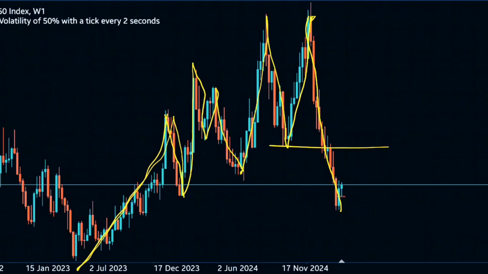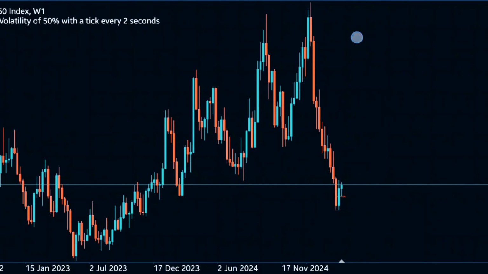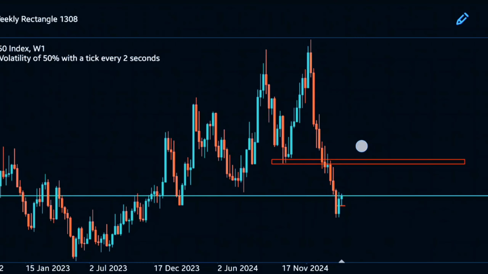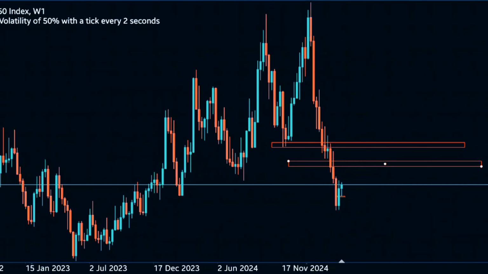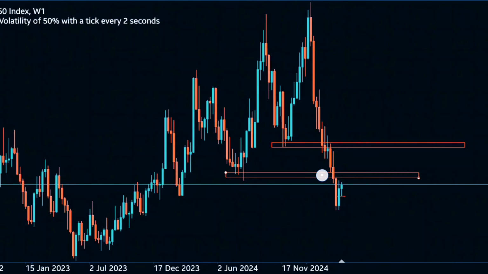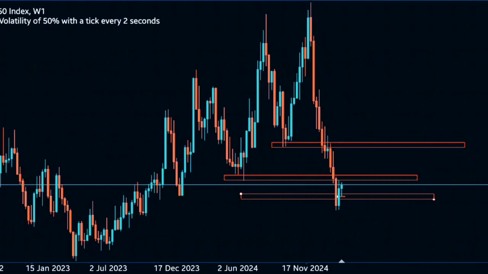So now that we know it is bearish, we take our tool to mark out our supports. Do note that I mark my support and resistance within weekly and daily, depending on the market situation.